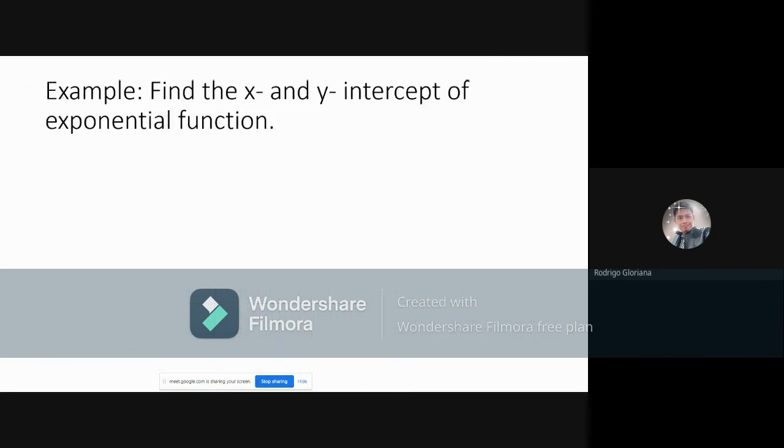Let's have an example. Let's find the x and y intercept of the given function. Let's say we have y is equal to 8 raised to x minus, let's say, 5.